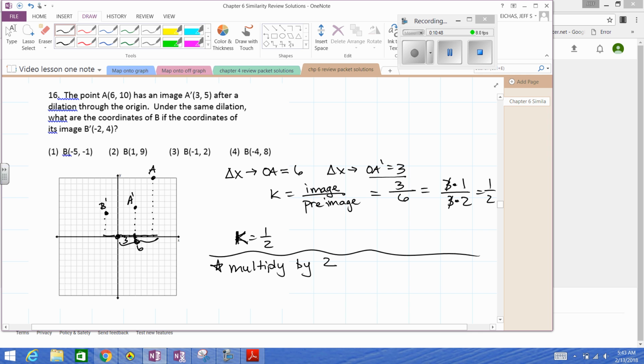The change in x, now remember from O to B prime is going to be 2. So the change in x from O to B needs to be 2 times 2, which is 4. All right, so I'm going to go 4. Do the same thing for y.